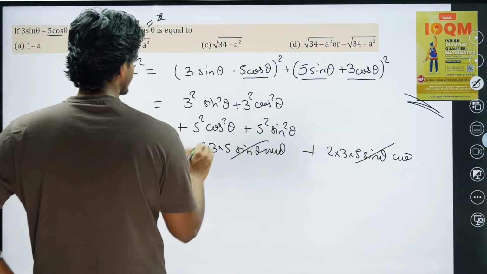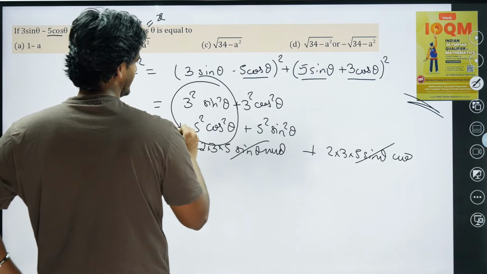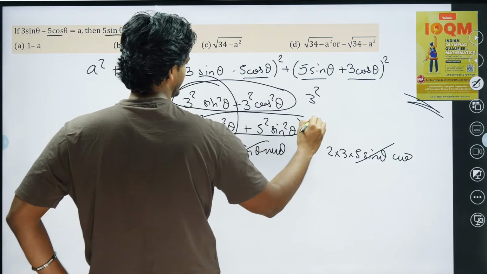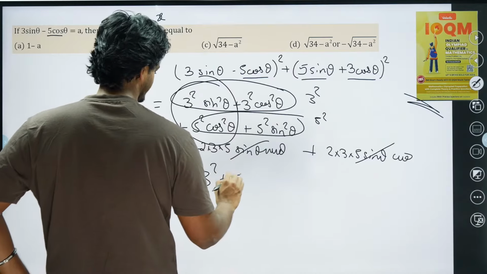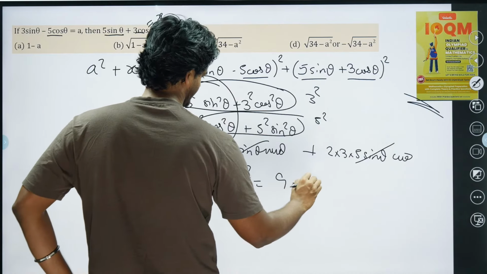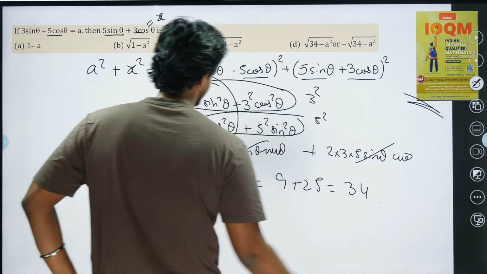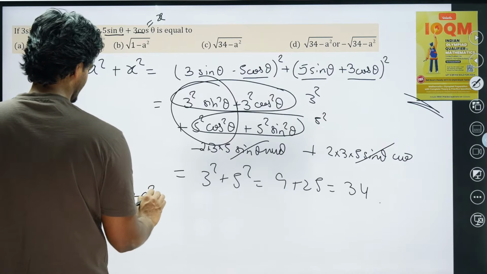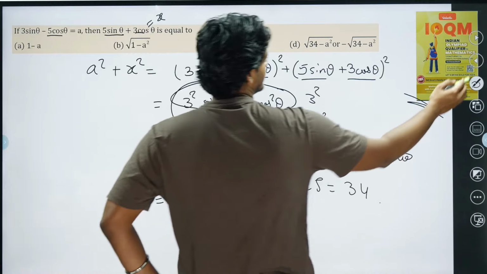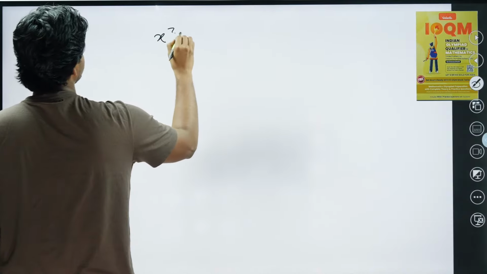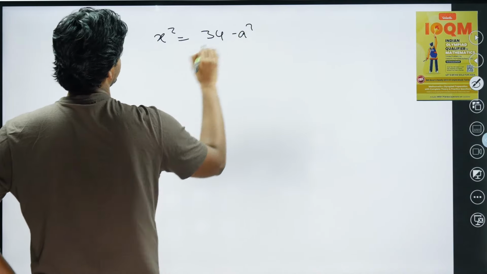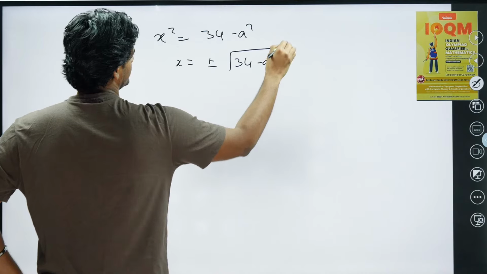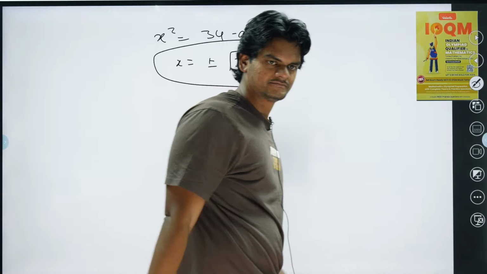These two will get cancelled. This gives you 3 square, this gives you 5 square. So this will be 3 square plus 5 square, which is 9 plus 25, which is 34. So my x square plus a square is 34. That means x square is equal to 34 minus a square, x is equal to plus or minus square root of 34 minus a square. Very easy.